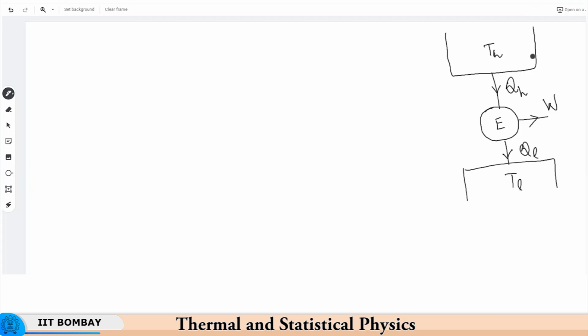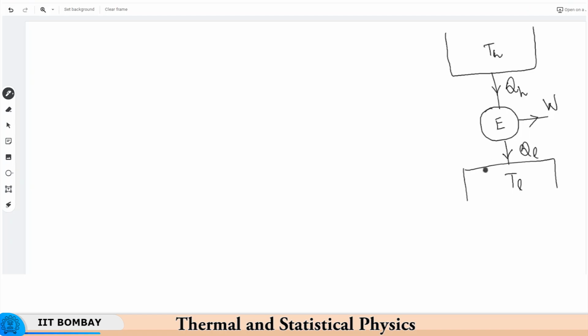And the reason we are using the word reservoir is because we are assuming that when we remove some heat from this system, the temperature does not change, right. So, it is such a huge system that even if I take out some heat from it, its temperature is maintained and it remains at Th. And similarly, there is another reservoir which is at lower temperature. When I dump some heat into that, it barely changes its temperature, alright.